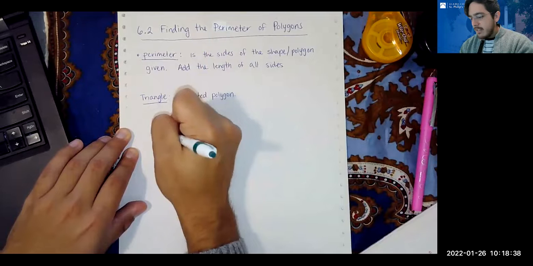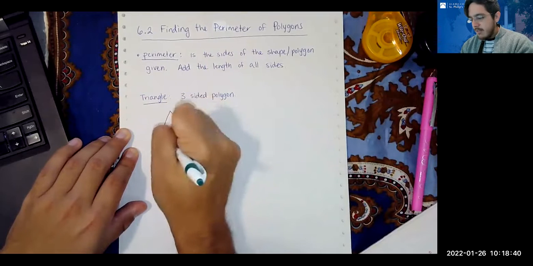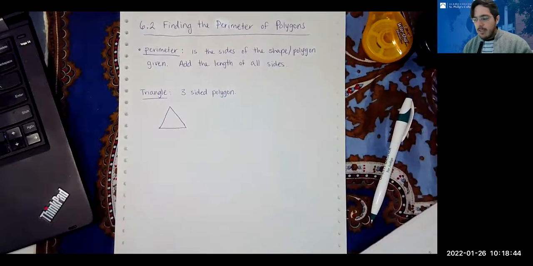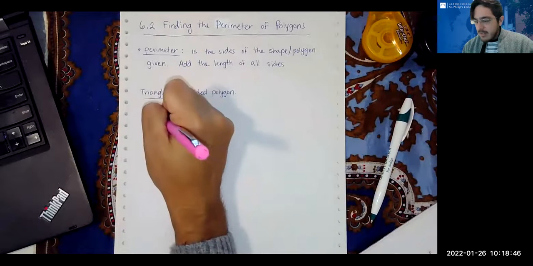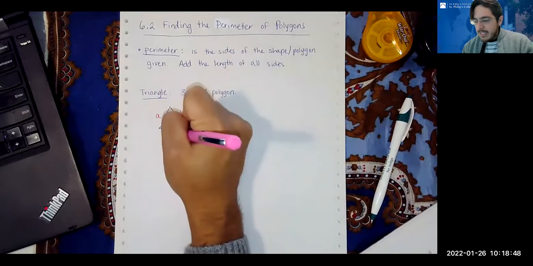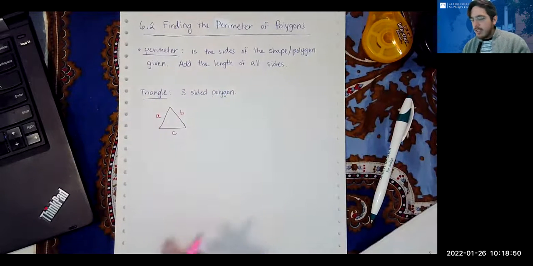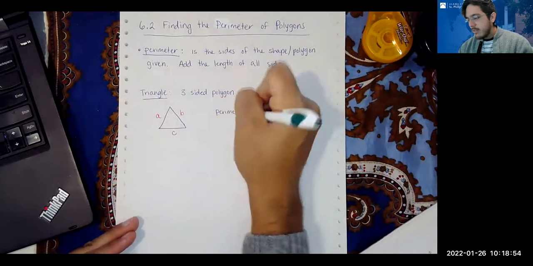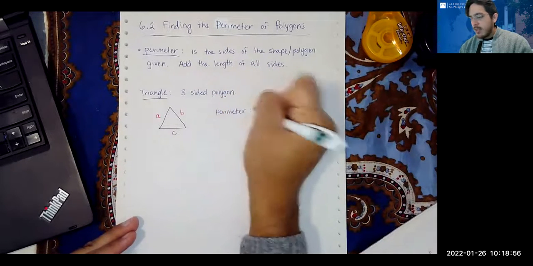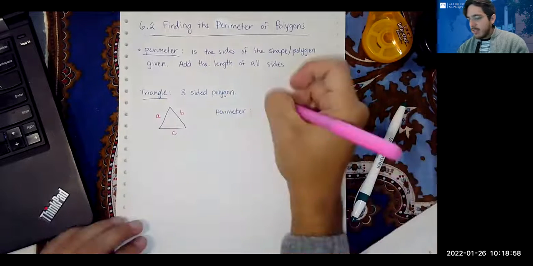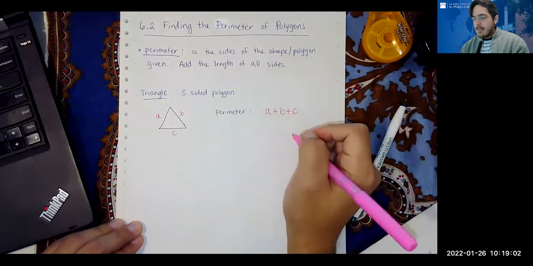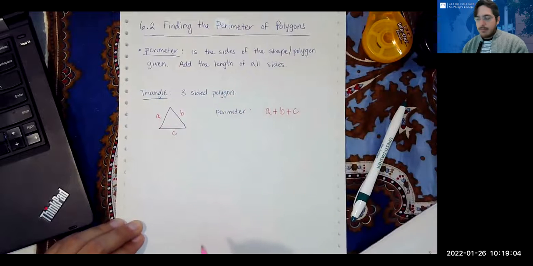If I had a triangle like so, it doesn't matter what type of triangle, and we labeled the sides A, B, and C, and wanted to find the perimeter, then I would just add up whatever those numbers are, A plus B plus C. That would give me my perimeter.